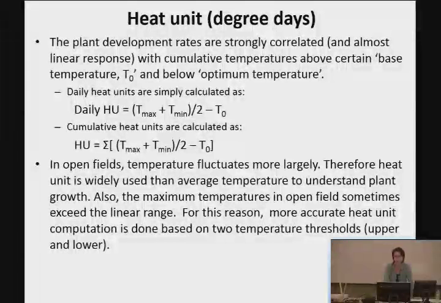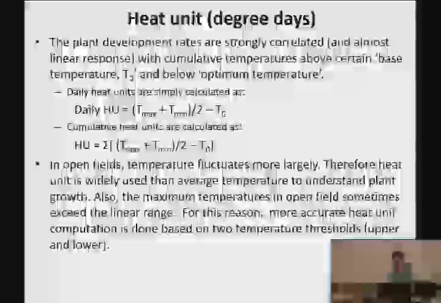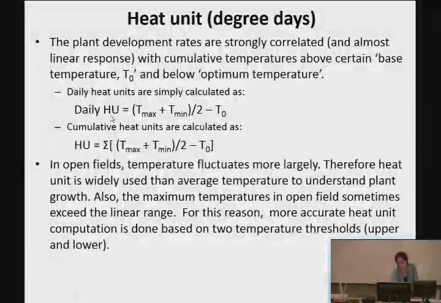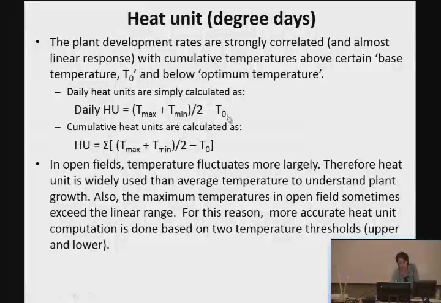And this is a typical tool for open field growers to do that. Greenhouse growers use it as one tool, but not the major one. But the open field, they do that. So cumulative heat units, this is one daily heat unit: the one-day maximum temperature plus minimum temperature divided by 2, that's the average daily temperature, minus base temperature.